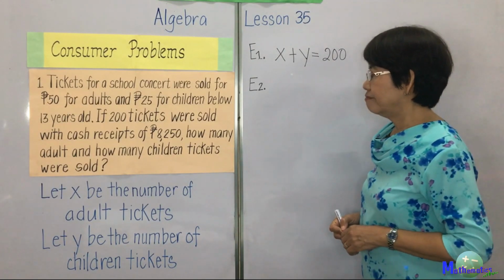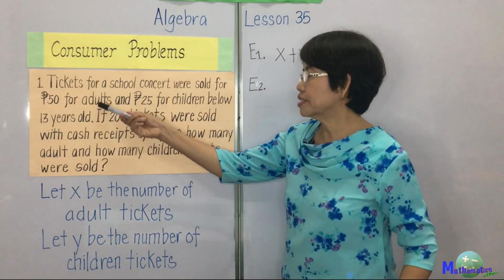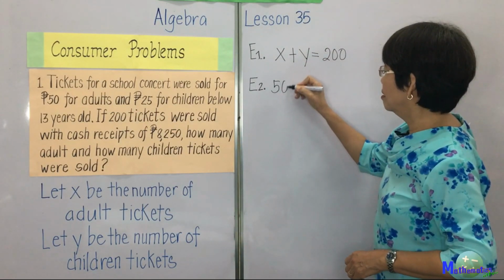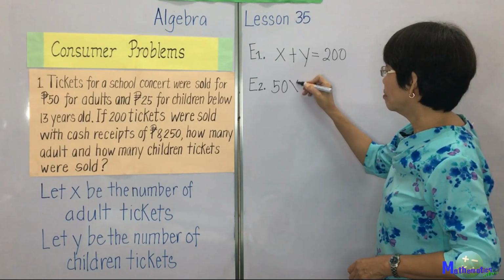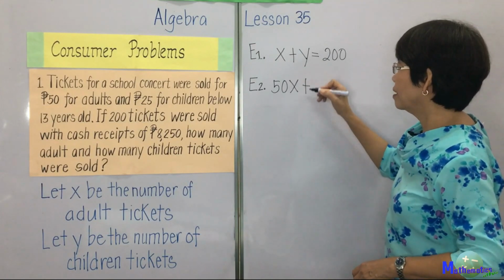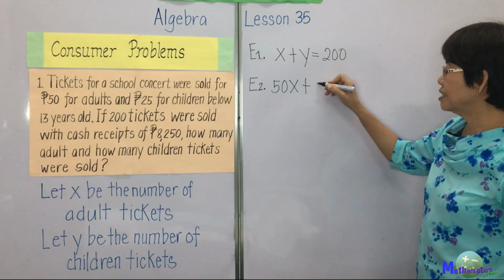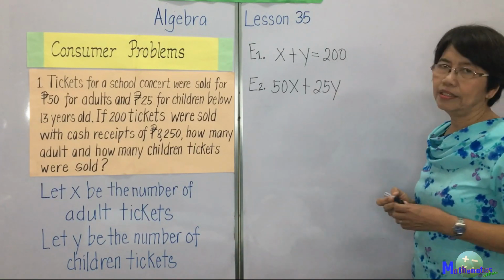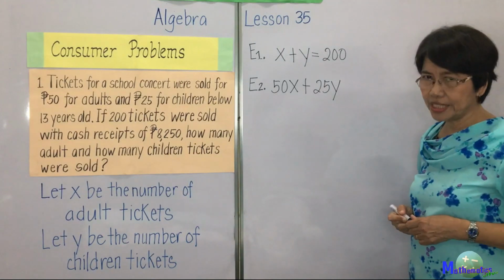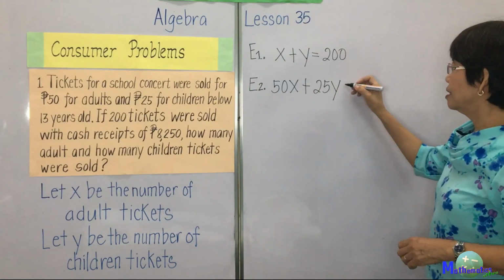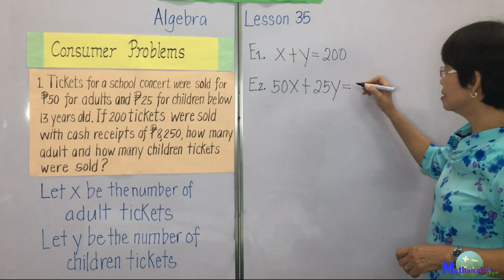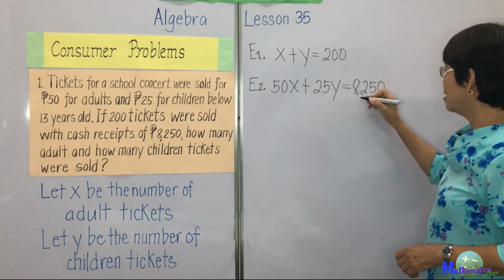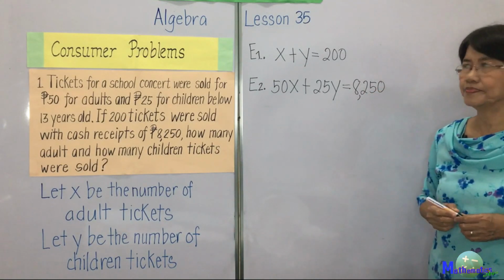So we have the cost of adult tickets is 50 pesos multiplied by the number of tickets plus the cost of children tickets, 25 pesos, multiplied by the number of children tickets. So the total cash receipts is 8,250 pesos.